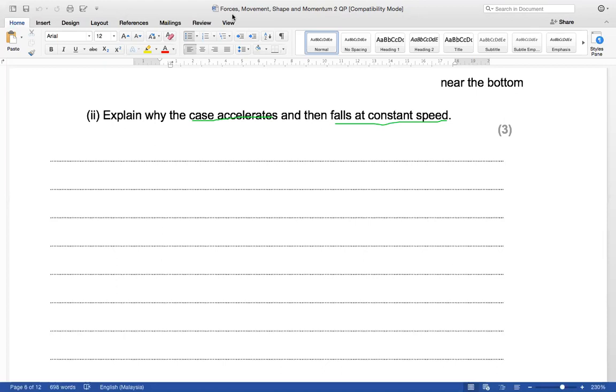Eventually, weight is equal to drag, and therefore there is no acceleration.